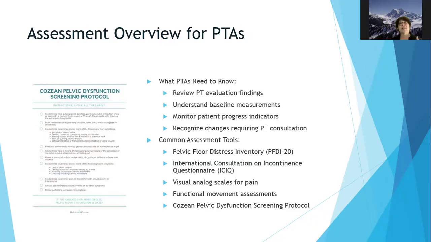The PFDI 20 has 20 questions. The International Consultation on Incontinence Questionnaire, visual analog scales for pain, functional movement assessments, and the Kazan Pelvic Dysfunction Screening Protocol, which is pictured here, and it is in your lab manual, and we'll practice using that in the lab.